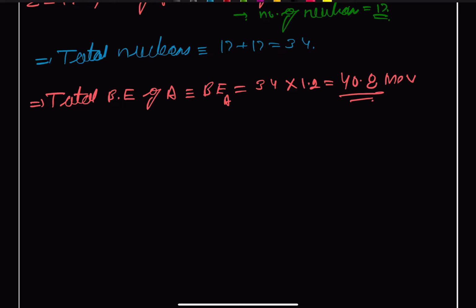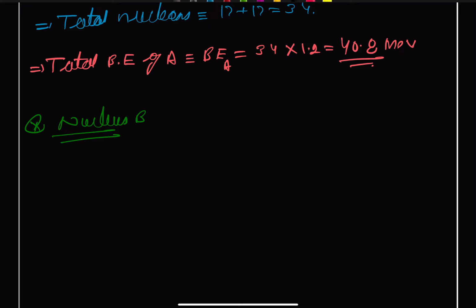Nucleus B, value of Z is given as 12 and total nucleons is given to us as 26.